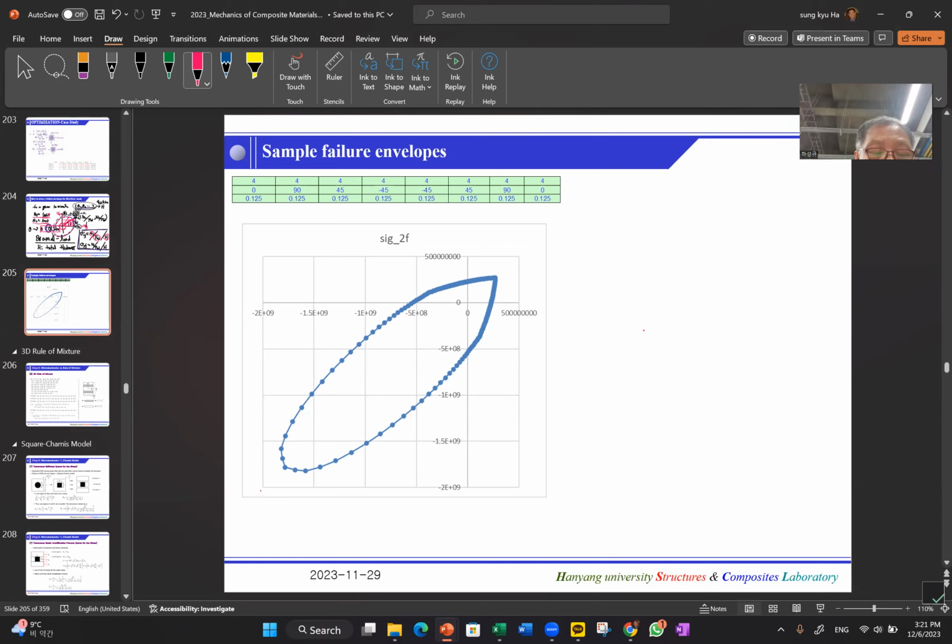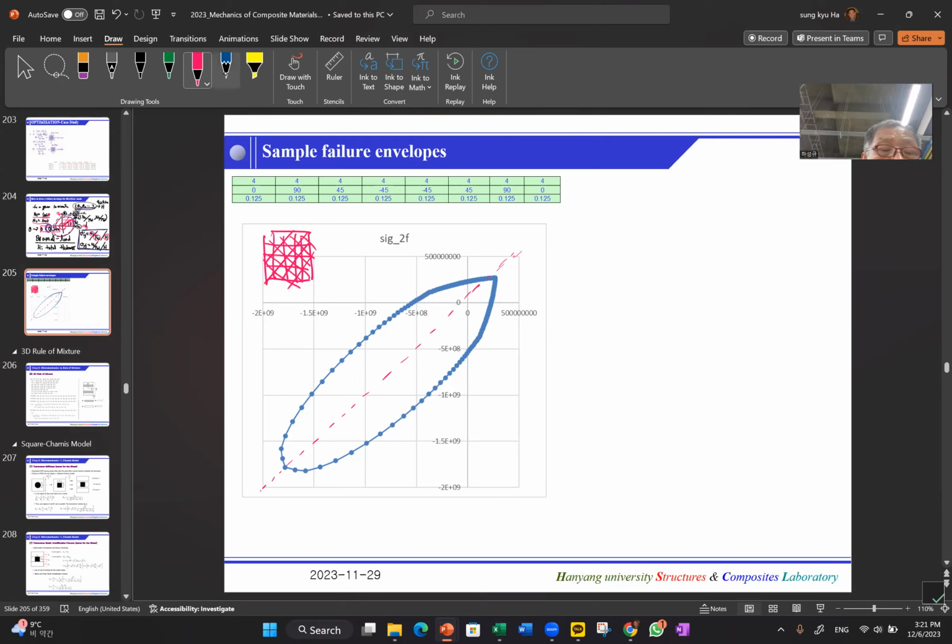First of all, since this is quasi-isotropic, and N1 and N2, this will be pretty much symmetric with respect to this axis. In other words, the laminate is like this. I'm gonna draw from here. So this is a 0 and 90 and plus 45, and minus 45 and symmetric.